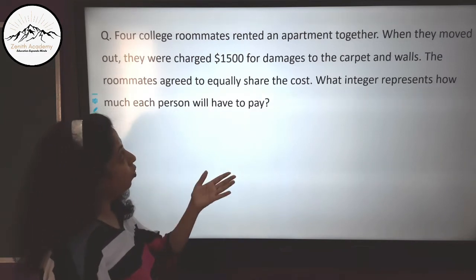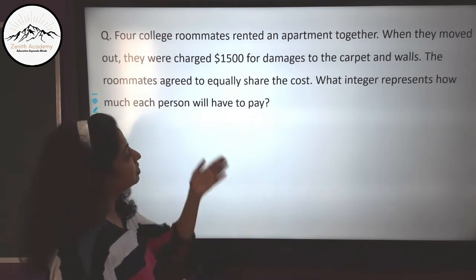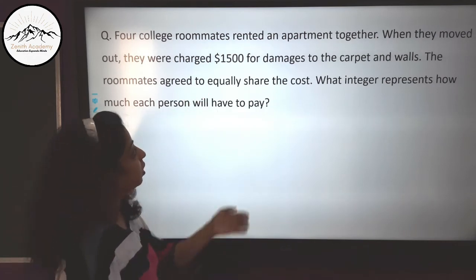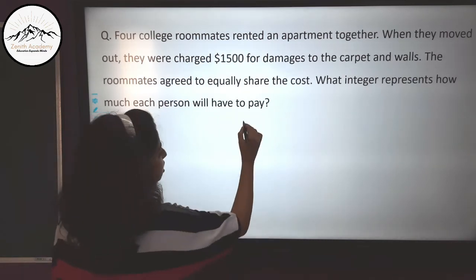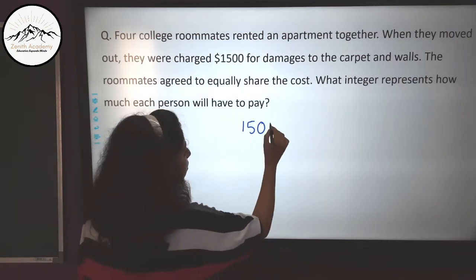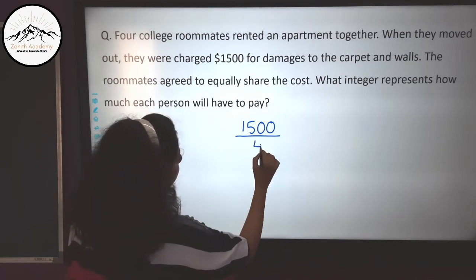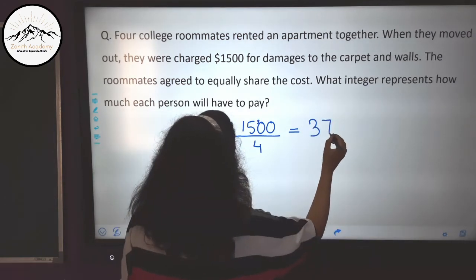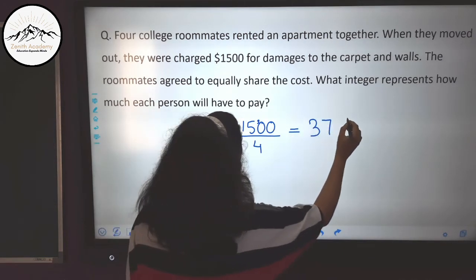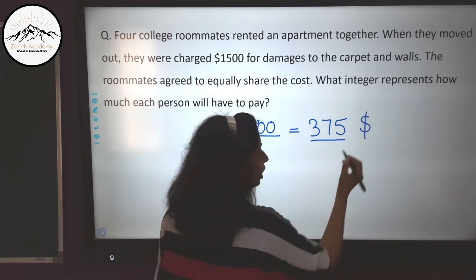Now, you know that they have to divide this amount between 4 of them. So, it is clearly a sum of division. So, 1500 divided by 4. It is 4 3s are 12, 4 7s are 28, carry over, 4 5s are 20. So they have to pay $375 each.